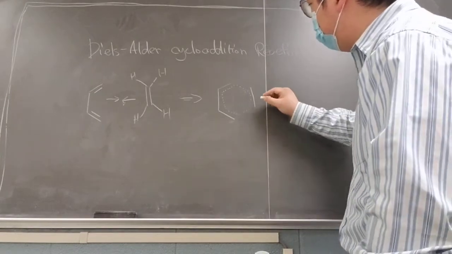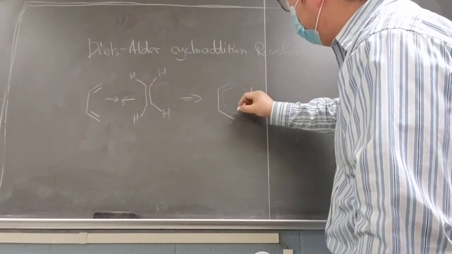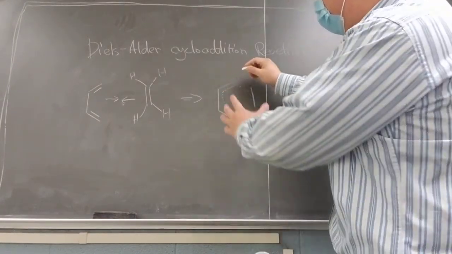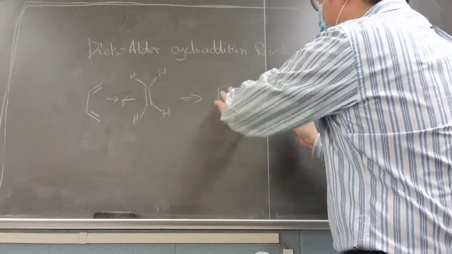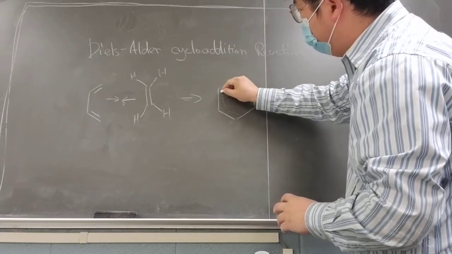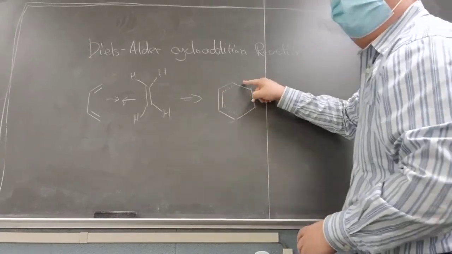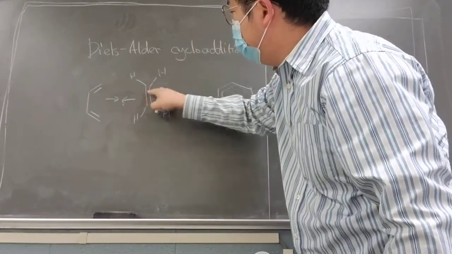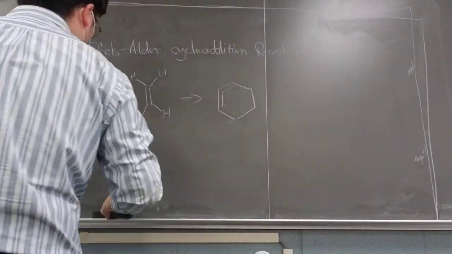They make a semi-ring structure over the p orbitals, and then these two become single bonds.